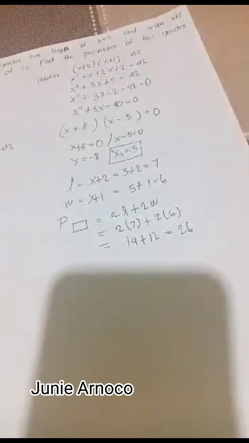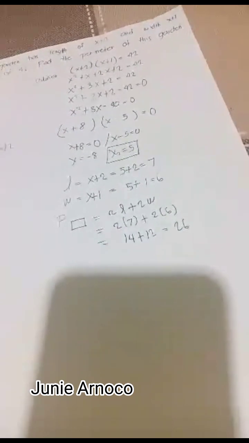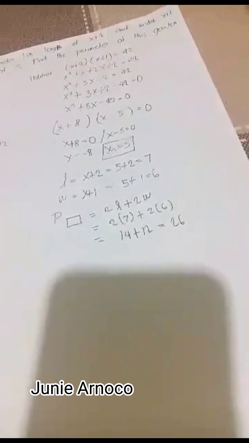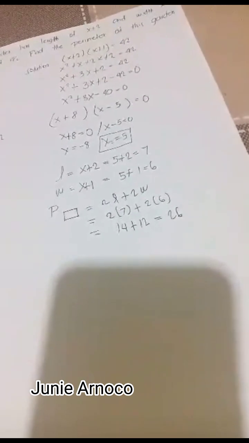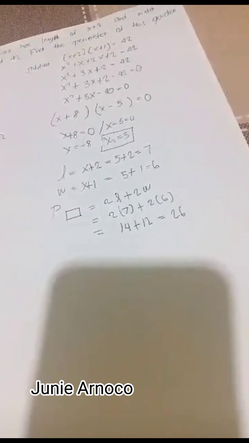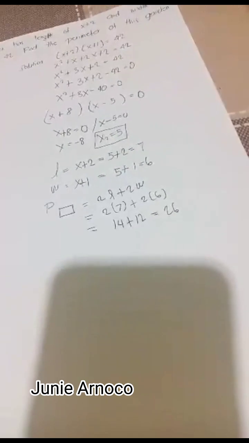Perimeter of a rectangle: x plus 2 equals 5 plus 2 equals 7. x plus 1 equals 5 plus 1 equals 6.